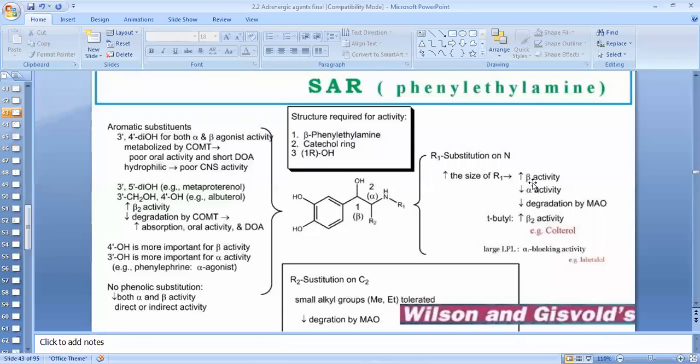Increased beta activity means beta receptor activities increase, but they didn't specify beta 1 or beta 2. That means it is increased beta activity and decreased alpha activity.